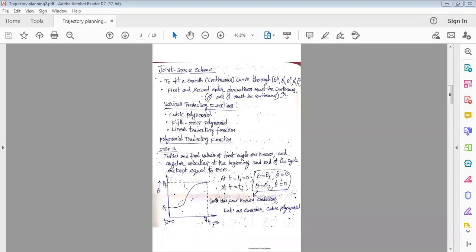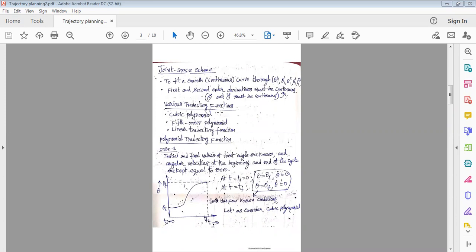There are various trajectory functions, known as cubic polynomial trajectory functions, fifth order polynomial trajectory functions, and linear trajectory functions. Let us take them one by one and derive the equations.